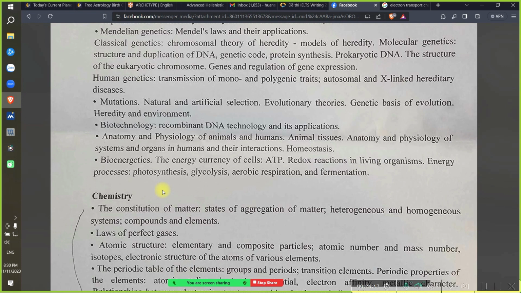Pyruvate is a 3 carbon molecule, which is used differently in aerobic and anaerobic respiration.